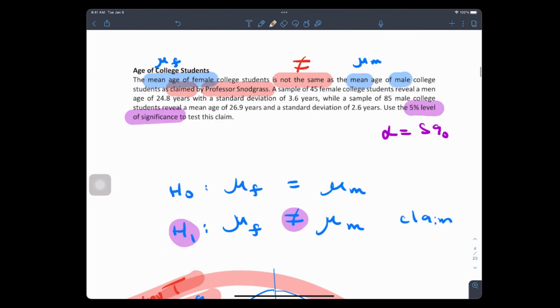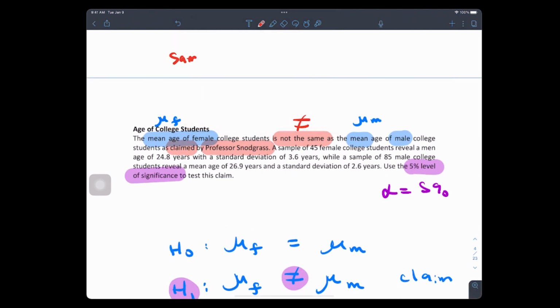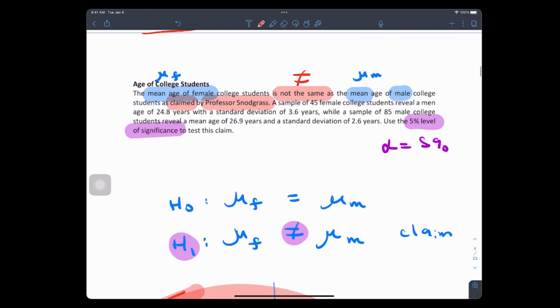If you look at the sample information, what's the sample information? A sample of 45 female college students reveals a mean age of 24.8 and a standard deviation of 3.6.